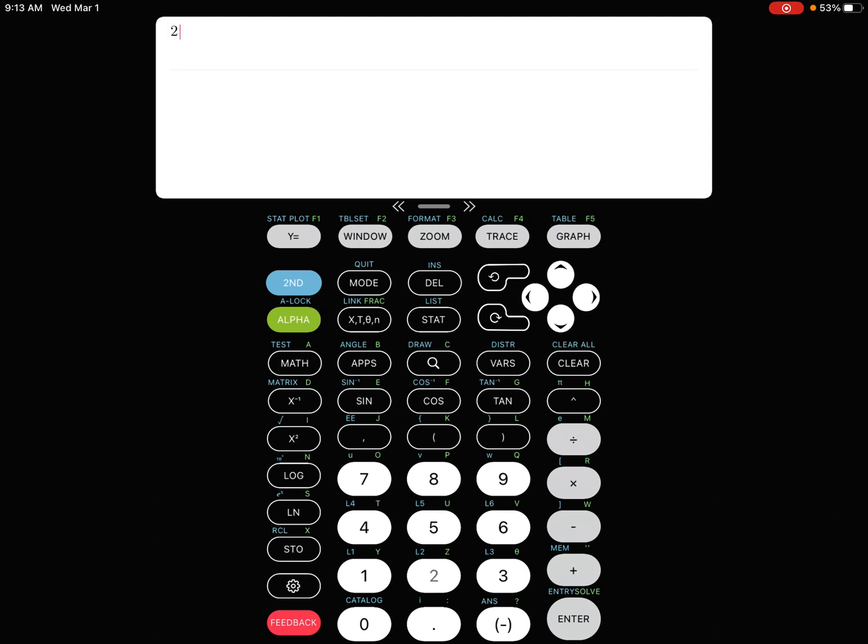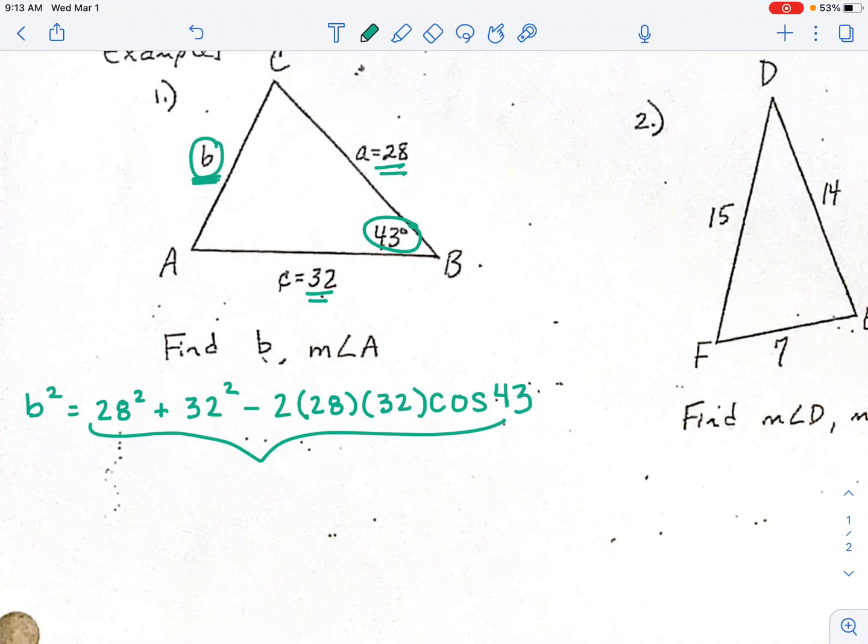So it is 28 squared plus 32 squared minus 2 times 28 times 32 times the cosine of 43 degrees. And we're going to push enter. So we have 497.414. So I'm going to go and write that into our equation there.